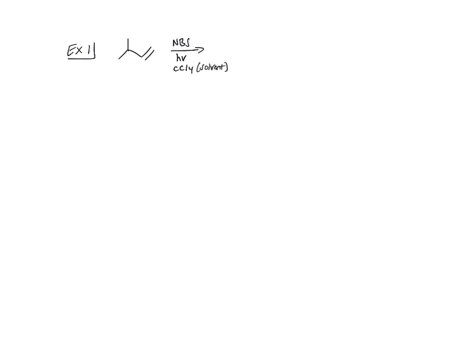So looking at this one, I have one allylic position and it's right there with the red dot on it. And so what I'm going to do before I draw the products is I'm going to draw the radical right there. There's the radical. Now remember, this thing is resonance stabilized. So what I want to do next is draw that resonance structure.